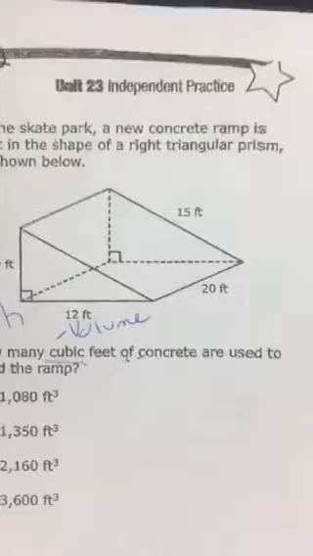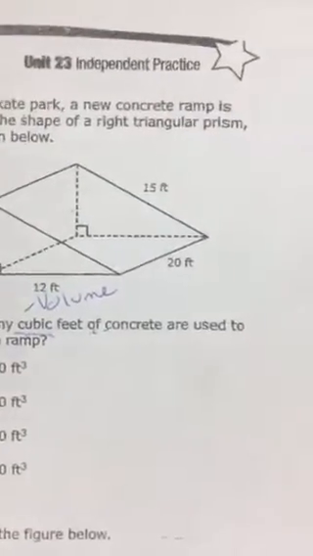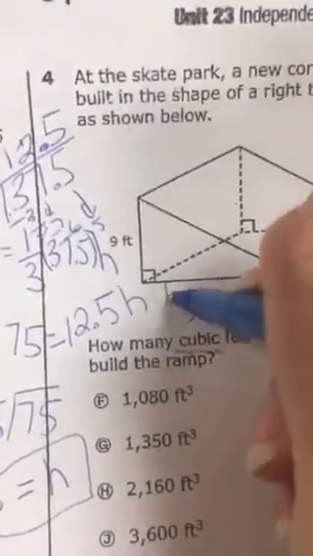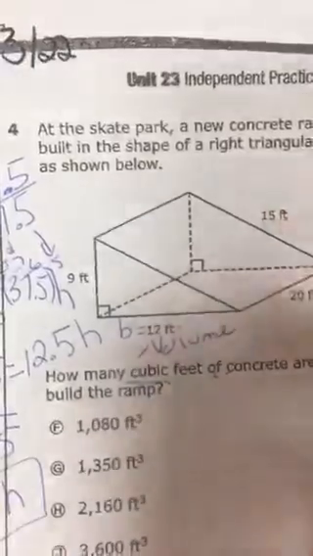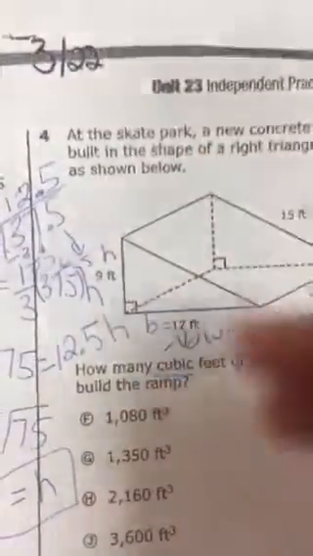So if it's a triangular prism, the base is a triangle. Equals, so to find the area of a triangle, it's 1/2 base times height. So I go and look at my triangle. My base is 12. My height is 9. So I'm gonna do area of the base equals 1/2 times 12 times 9.